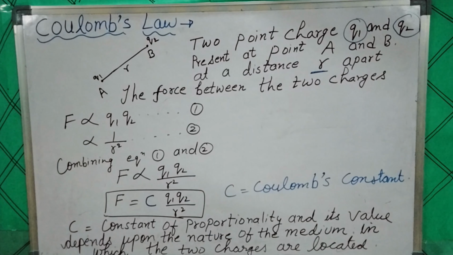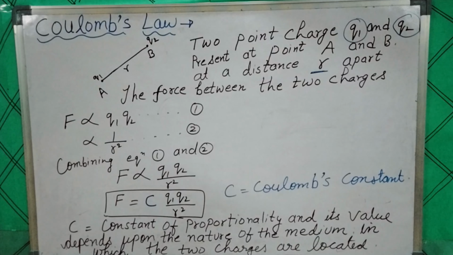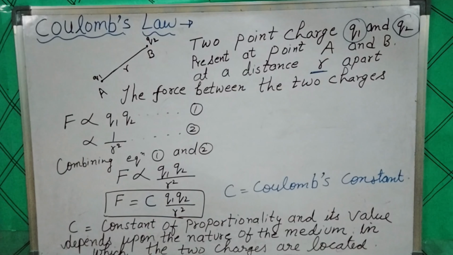So we can state Coulomb's law: two stationary electrical point charges attract or repel each other with a force which is directly proportional to the product of the magnitudes of the two charges and inversely proportional to the square of the distance between them. This is called Coulomb's law.